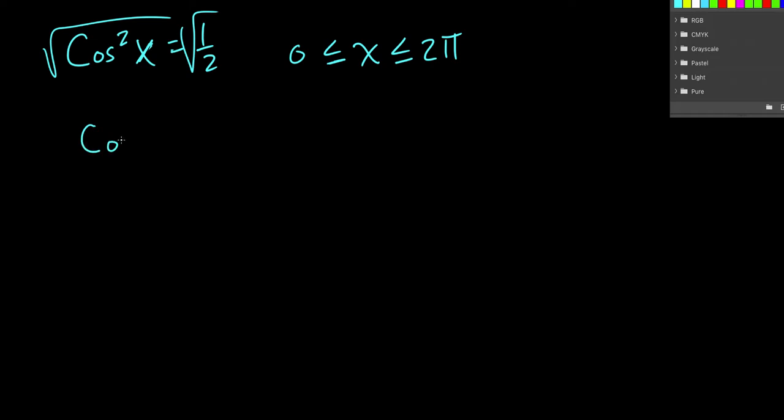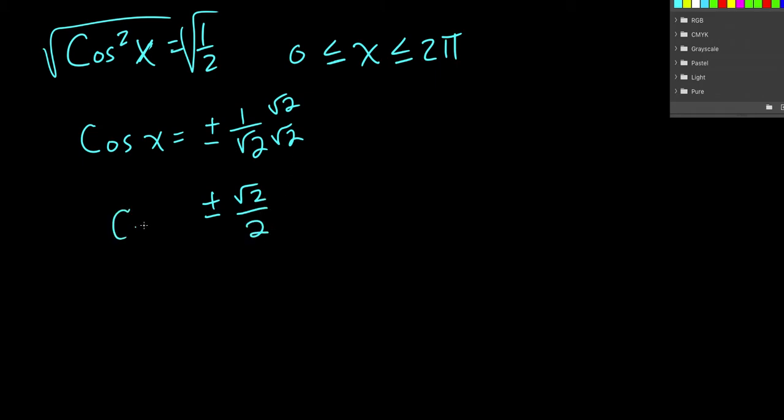And so we get cosine x equals plus or minus 1 over square root of 2. So if we square root the top, square root the bottom, we get that. Now, we didn't memorize it in that form, but if we do square root of 2 over square root of 2, we're going to see that we get plus or minus square root of 2 over 2.